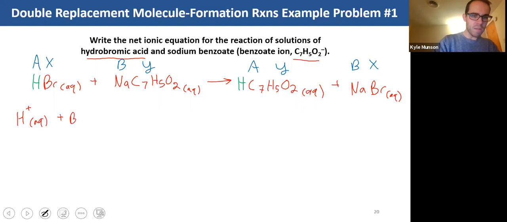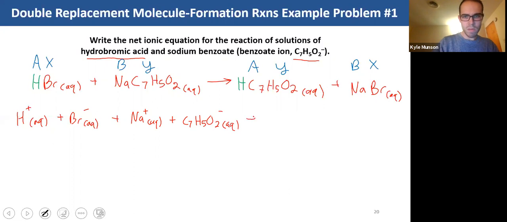So we get a proton plus the bromide ion plus sodium plus C7H5O2. Now, I said almost. This guy is the weak acid.